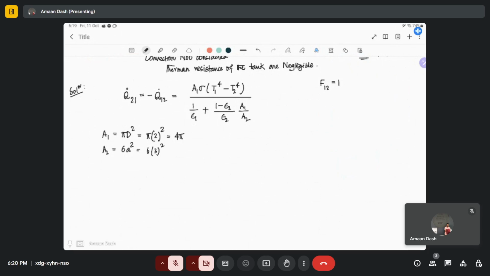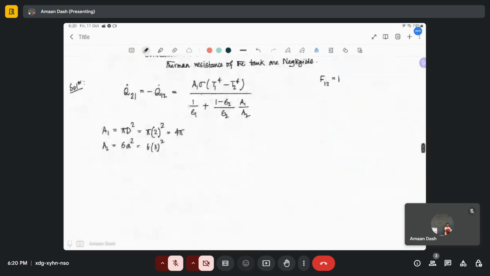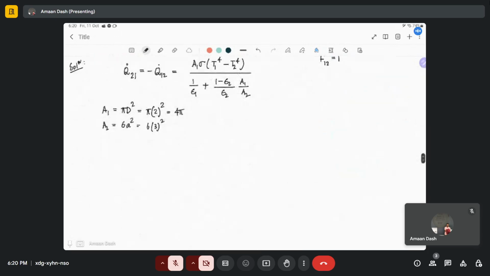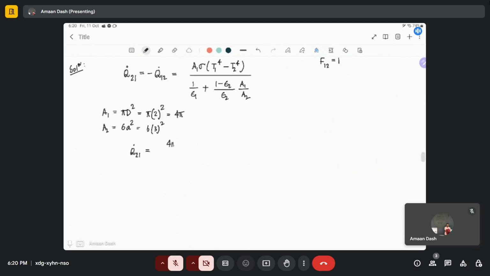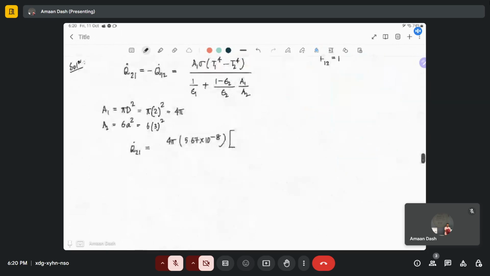But since we have different emissivities, we have to divide by the respective terms. For system 1 that will be 1 by epsilon 1, and then for surface 2 we will have 1 minus epsilon 2 divided by epsilon 2 times A1 by A2.